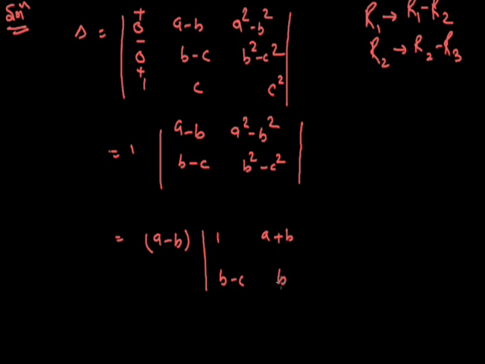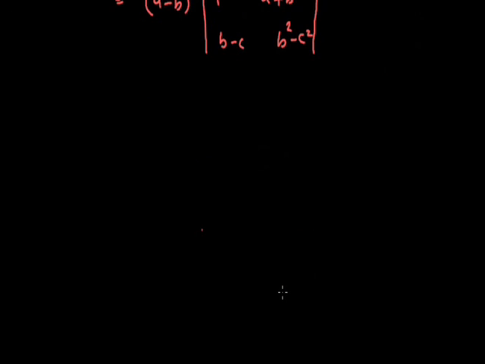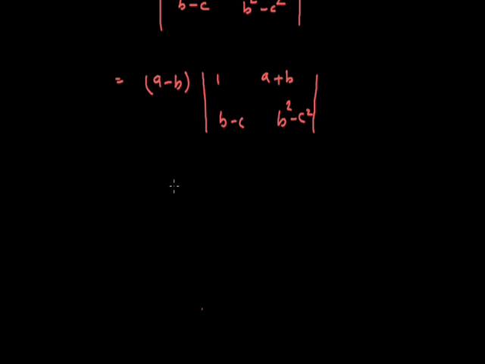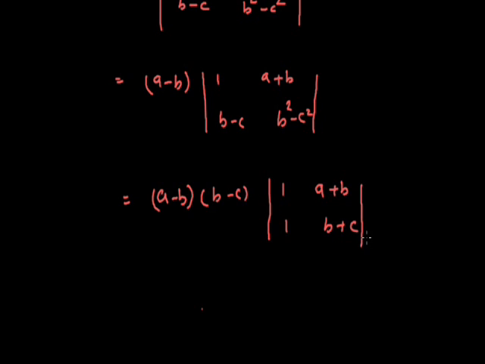Now in the second row, similarly we can take b minus c common: a minus b, b minus c, 1, a plus b, 1, b plus c.